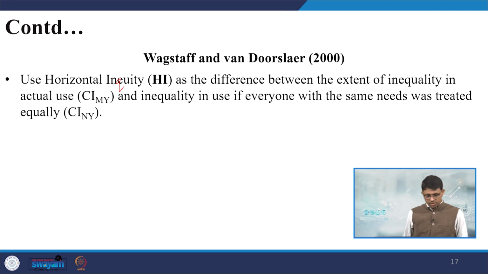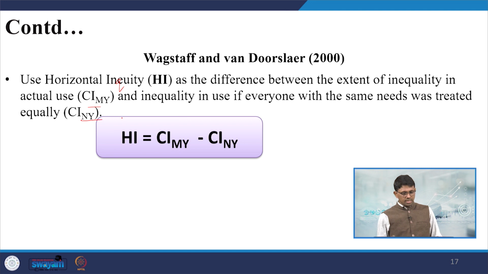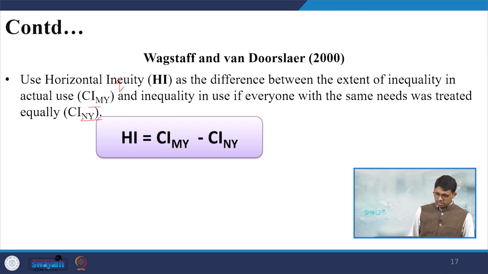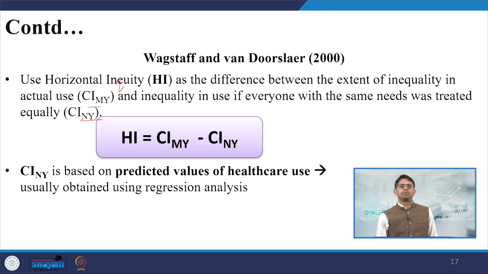So, the difference between CIMY and CINY, which we have discussed in the previous lecture. This difference is what was identified by Wagstaff and Doorslaer: CIMY minus CINY measures the horizontal inequity.